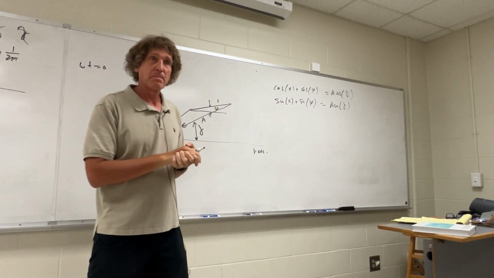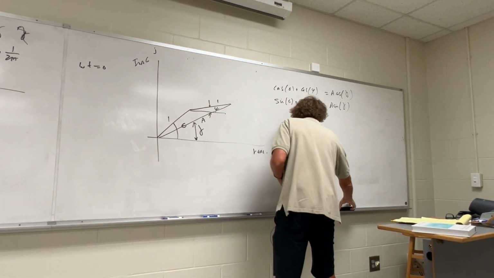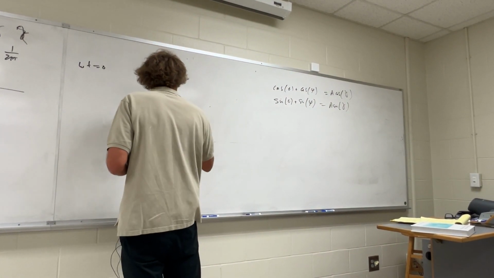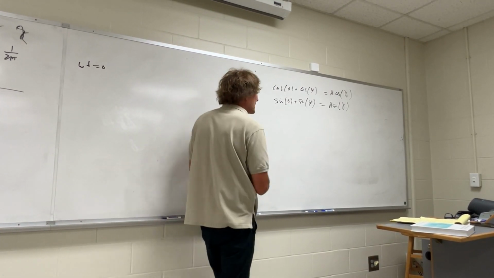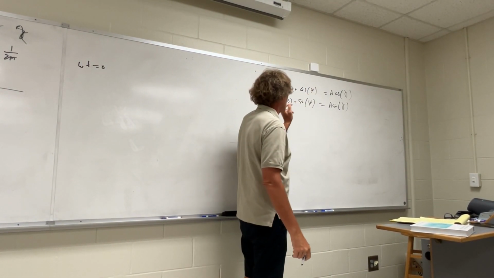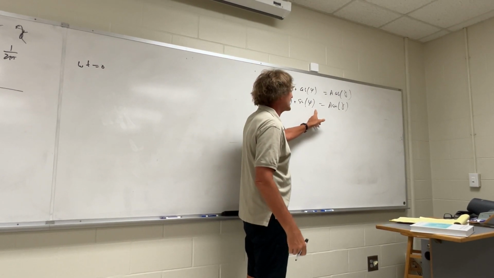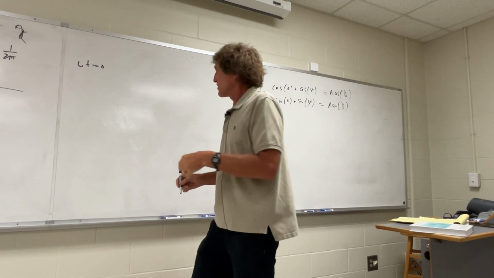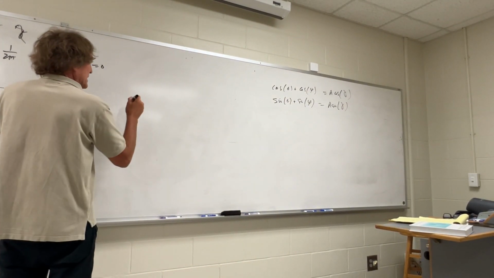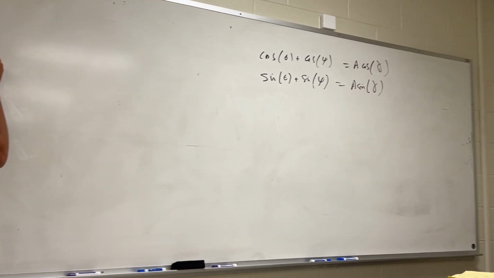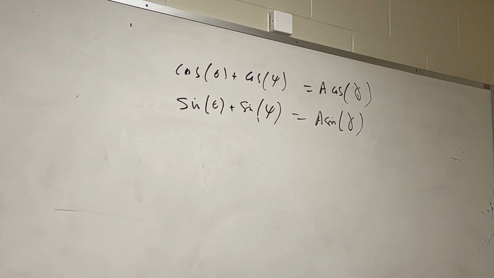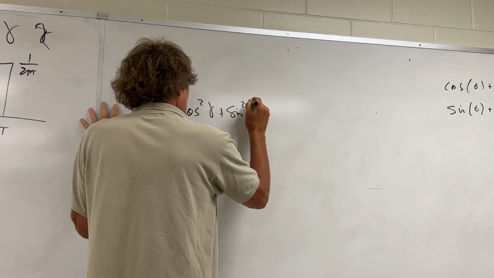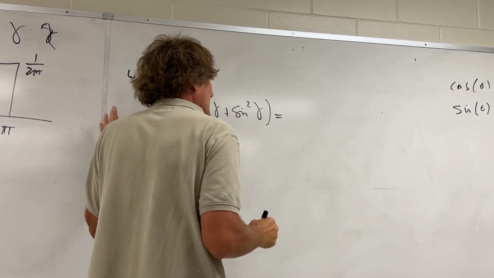Do y'all remember that? Next, what did I do next? I know that if I take this horizontal component and square it, and this vertical component and square it, and add them together, it equals this squared plus this squared. That's my point, right? So I'll start with A squared, and then it's going to be cosine squared of gamma plus sine squared of gamma equal to all those squared.